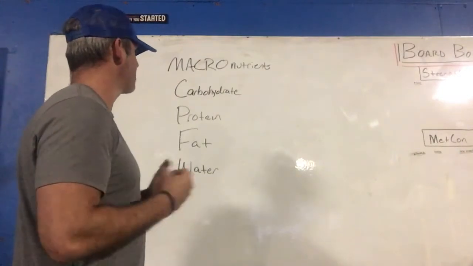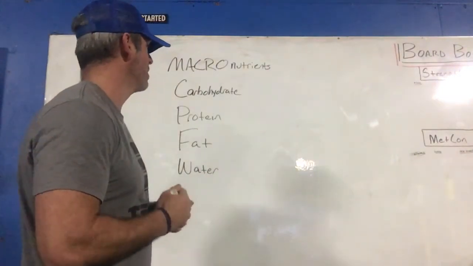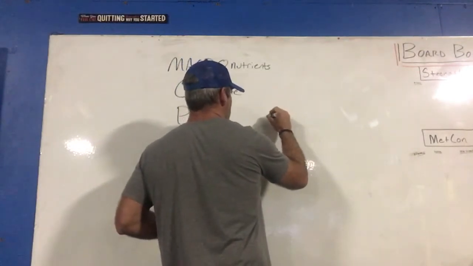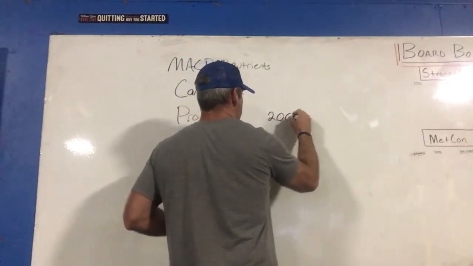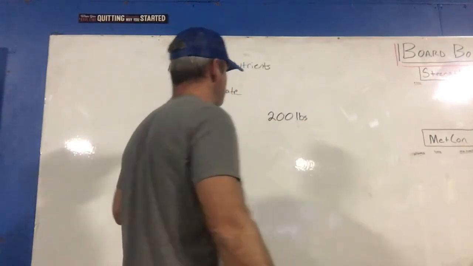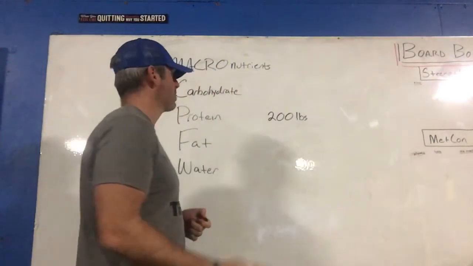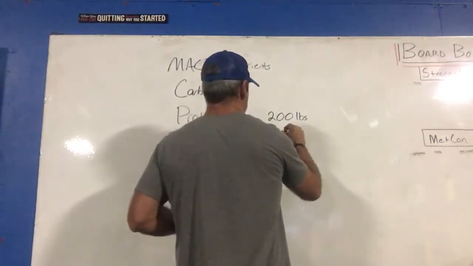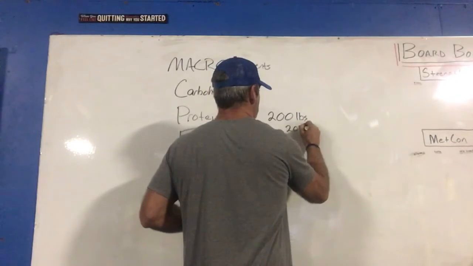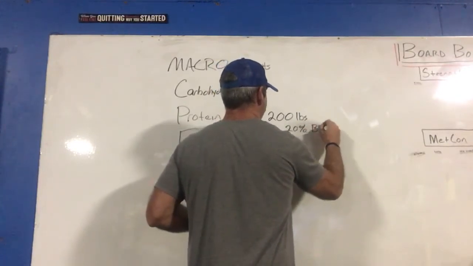So let's just use the average, for easy math, we'll use a male weighing 200 pounds, and let's say we did a body fat calculation on this particular male, and he's got 20% body fat.